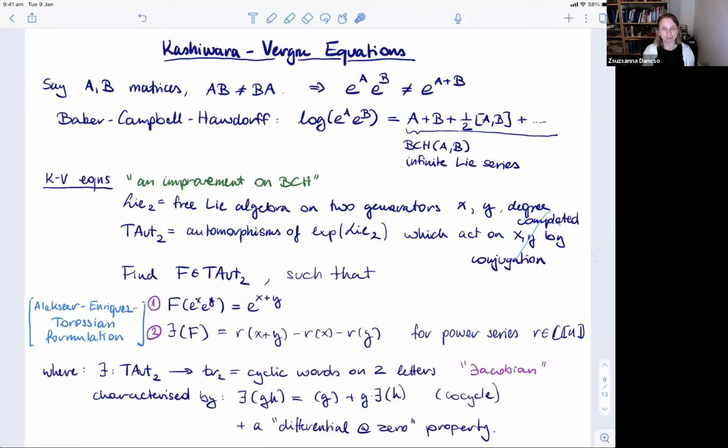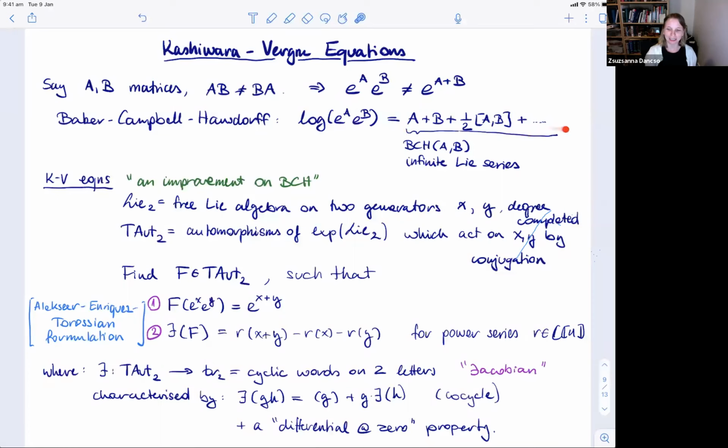But there's a formula that tells you how to compute e to the a, e to the b, and I'll write the log of it. So e to the a, e to the b can be written as a single exponential. But I'll only write the exponent because it's easier.